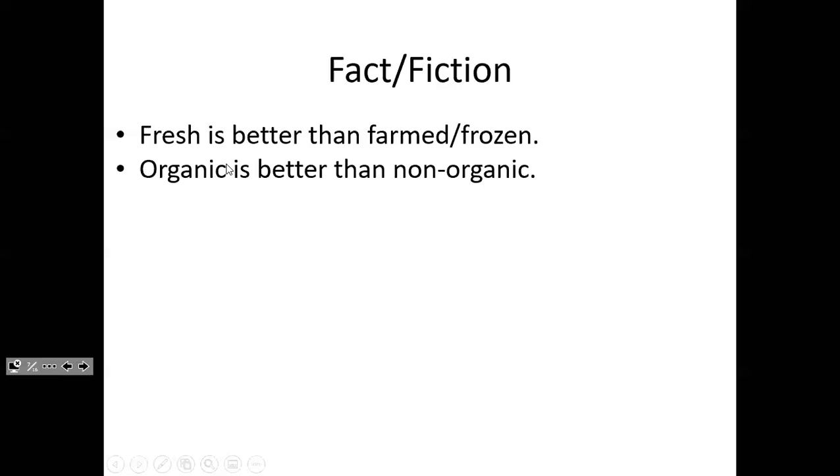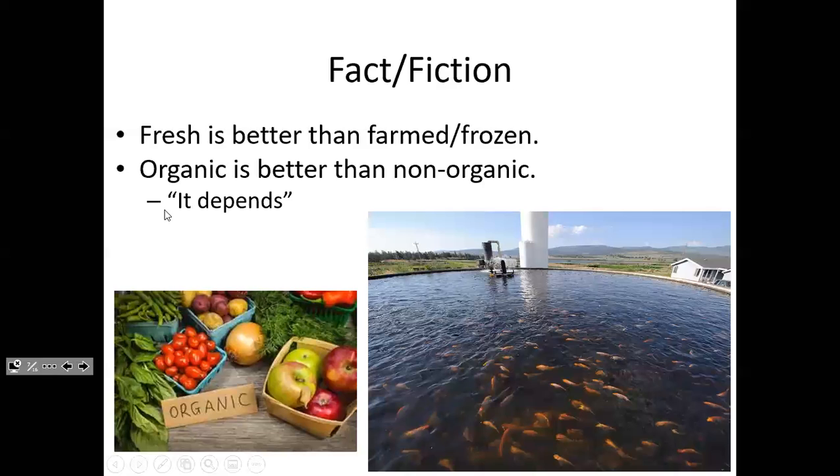But in terms of what we're looking at here, the only thing that is better about organic foods is that they are more environmentally friendly. Organic foods tend to be smaller than non-organic. They tend to spoil quicker. Now, again, we can argue about the taste and whatnot. I don't see a big difference.